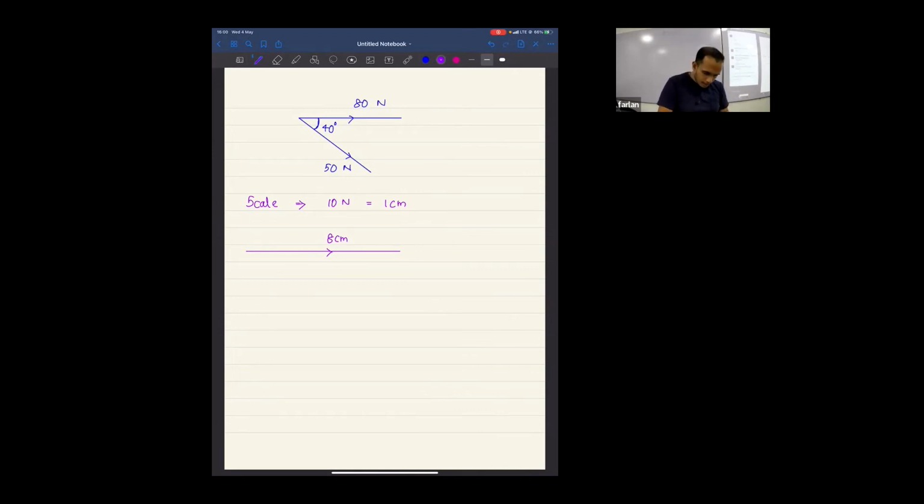So from here, you have to measure 40 degrees. It's going to be something like this, isn't it? So this angle is 40 degrees. Correct?